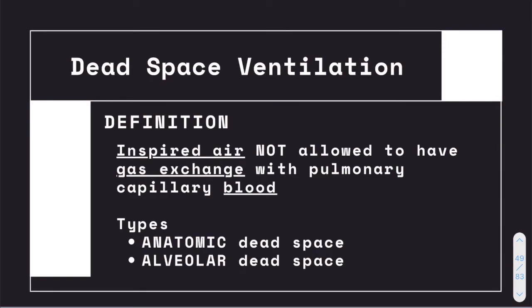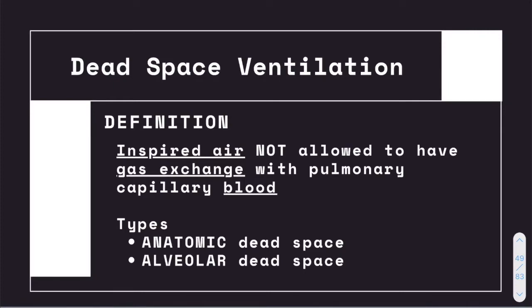Let's move on to dead space ventilation. How do you define dead space? This is where air does not participate in gas exchange. Dead space volume is the portion of inhaled gas that does not participate in gas exchange, and dead space ventilation is the volume of air that is distributed to the dead space per unit time.